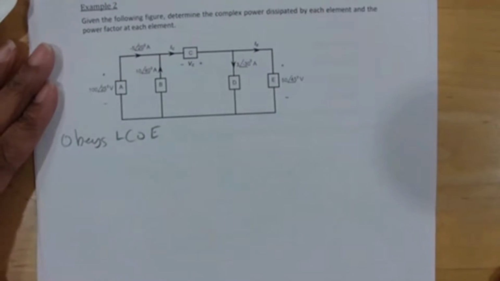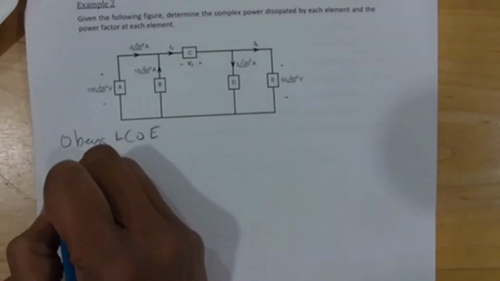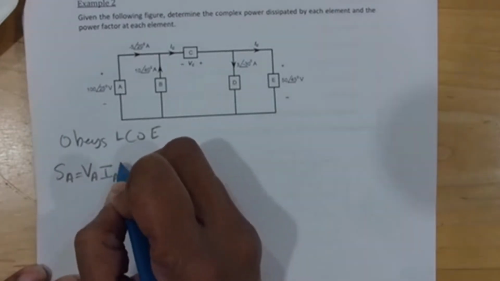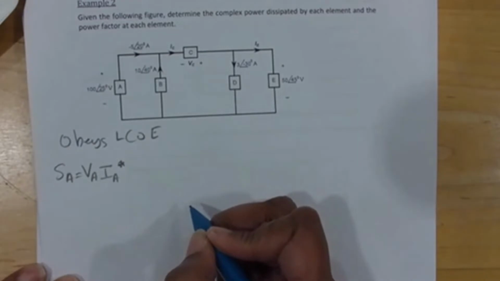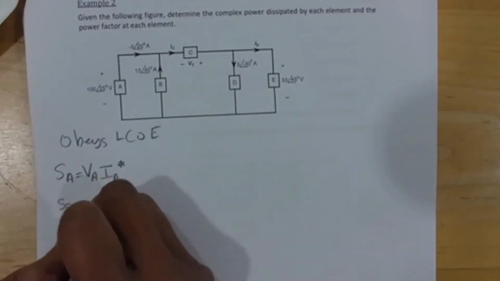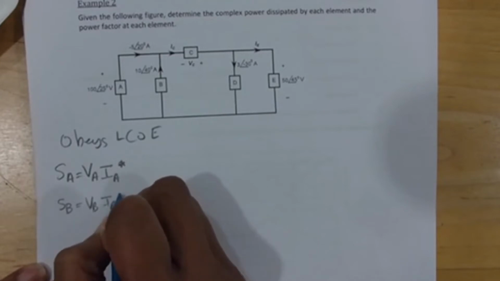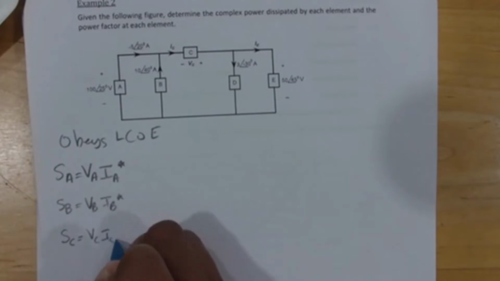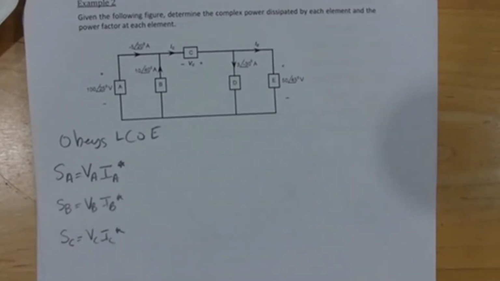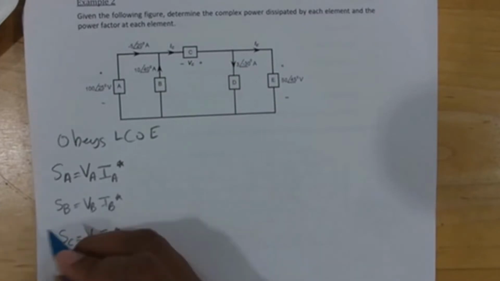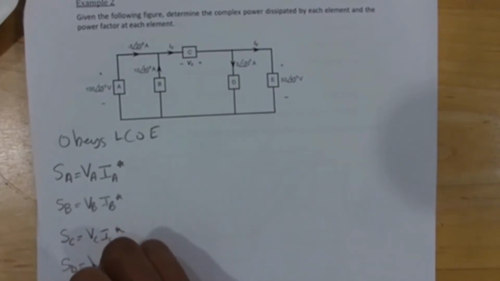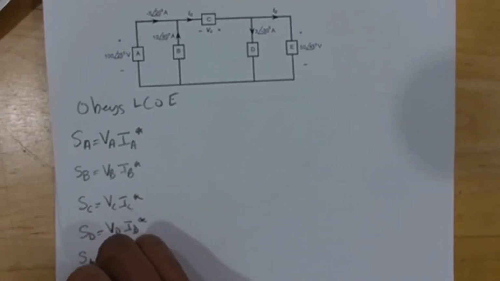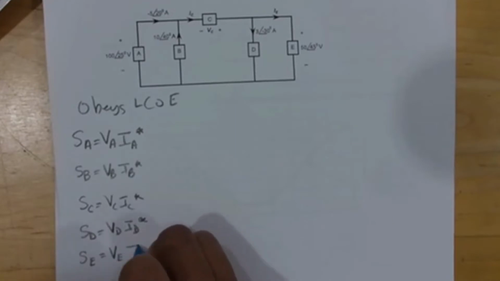Now that we have all our voltages and currents, we are going to show that our circuit obeys the law of conservation of energy. So we're going to have SA, which equals VA IA conjugate, SB, which is VB IB conjugate, SC, which is VC IC conjugate, SD, which is VD ID conjugate, and SE, which is VE IE conjugate.